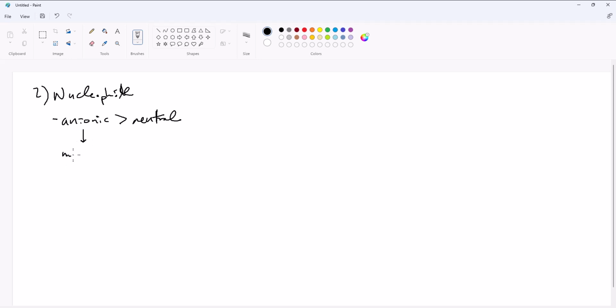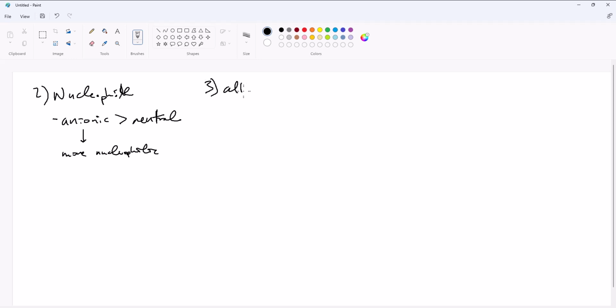So these are more nucleophilic, meaning they are stronger Lewis bases than their neutral counterparts. Neutral, now that is dependent on a couple other factors that we'll discuss, but neutral nucleophiles will still react. They just will be a little bit slower than their anionic counterparts.